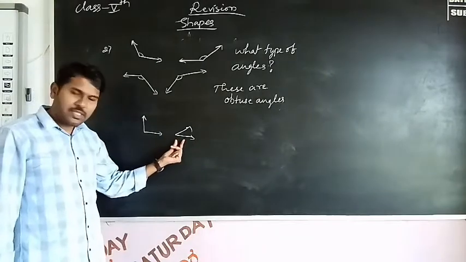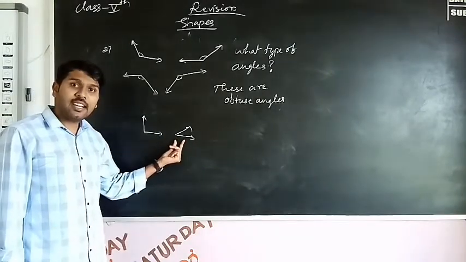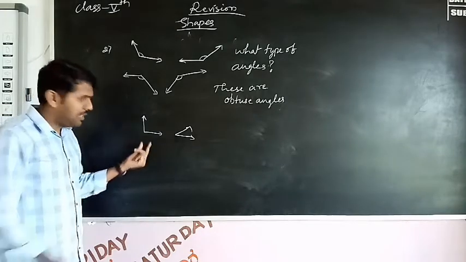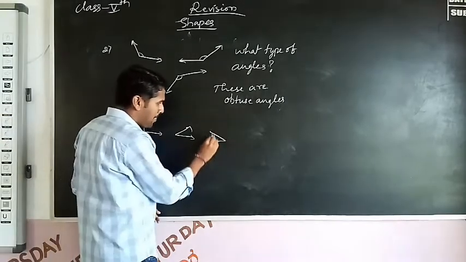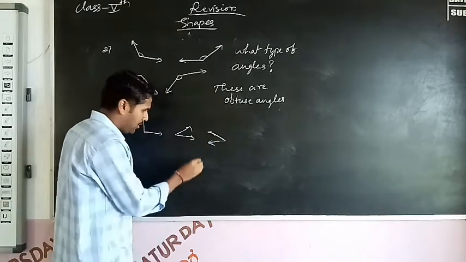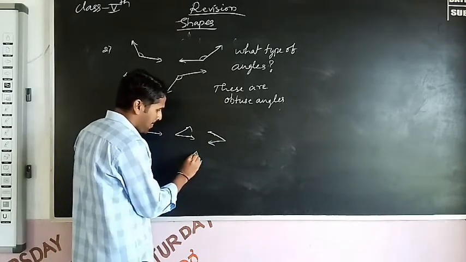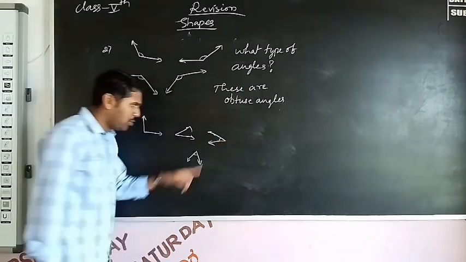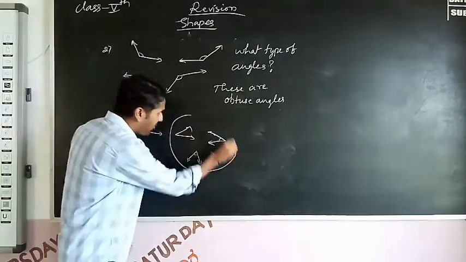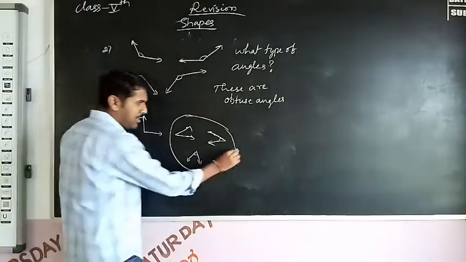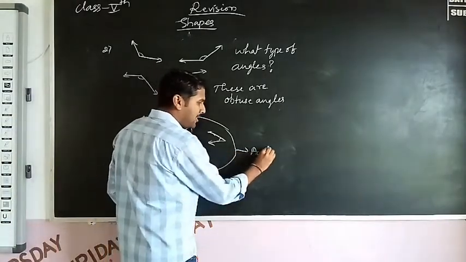If they give these figures, these are acute angles. If they give these figures, these are right angles. What are these three types of angles? These are acute angles.